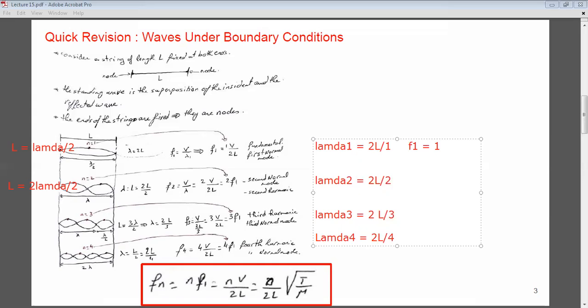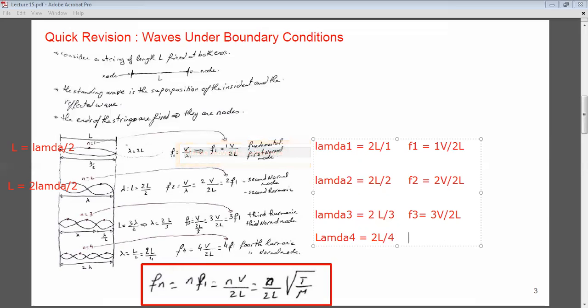The velocity is constant, so I can find F1, which is V over lambda 1. That will give me 1V over 2L. Here, F2 will give me 2V over 2L. Here, F3 equals 3V over 2L.